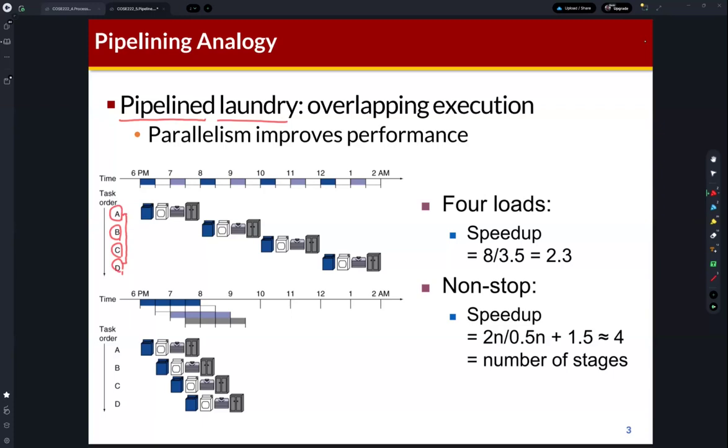And in order to perform the laundry process for clothings, let us assume that we have four steps.